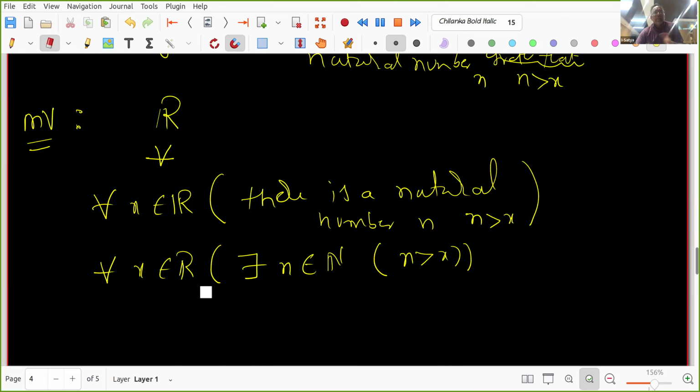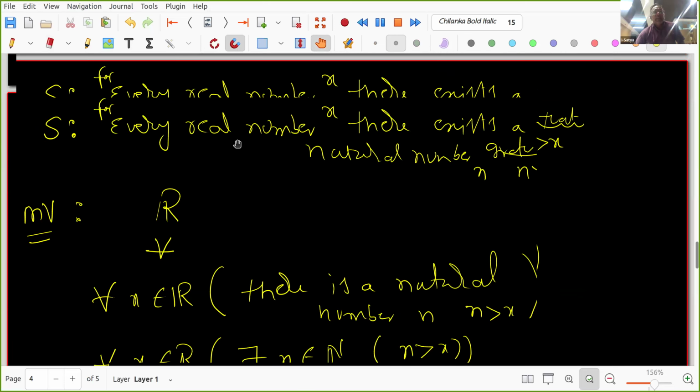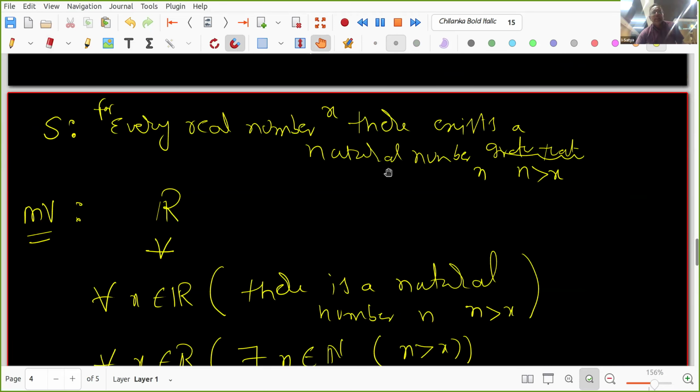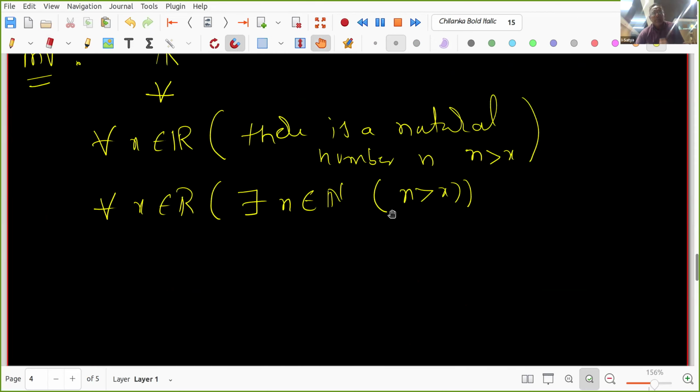Any non-mathematician may also understand a little bit: every real number x, there is a natural number n greater than x. But once you write it in symbols, it is difficult, right? How do you read this in English? Given any real number, there is a natural number such that that natural number is greater than x, right?